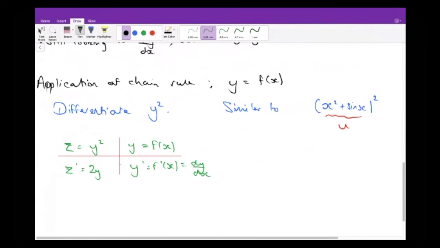So when I multiply these two together, for the chain rule, this tells me that the overall derivative with respect to x is equal to 2y times dy by dx. And that would be your final answer for differentiating this.